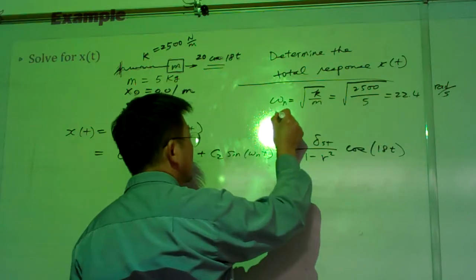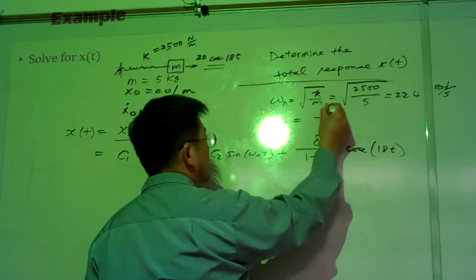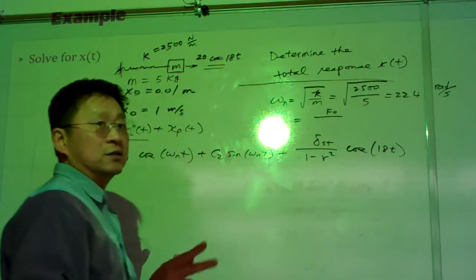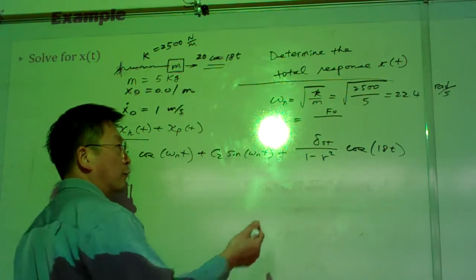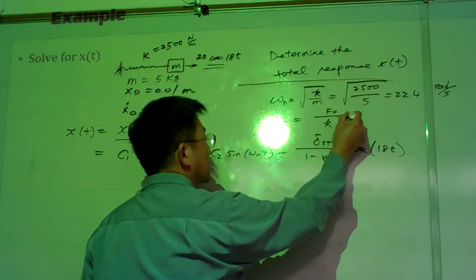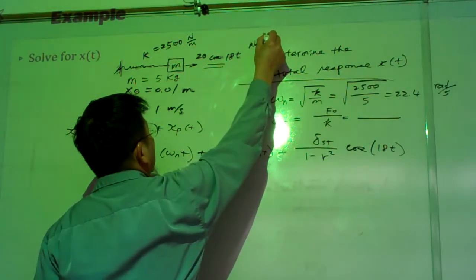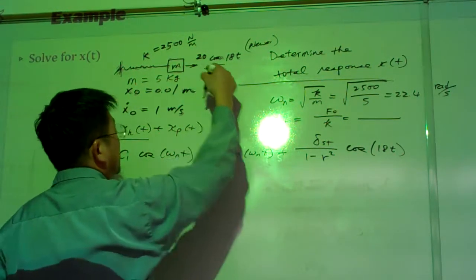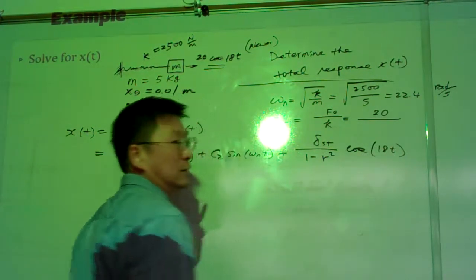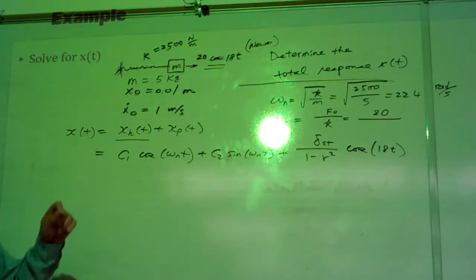What is delta st? Delta st by definition is F, the static deflection, the magnitude of the force divided by the spring constant. So this is in newtons, okay. So the magnitude of the force equal to 20. Okay, how do I know that is 20?